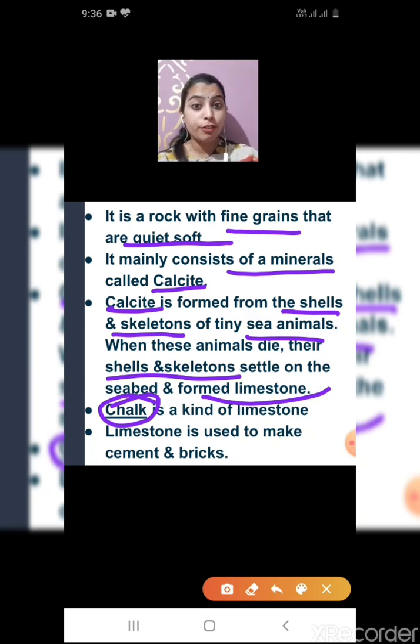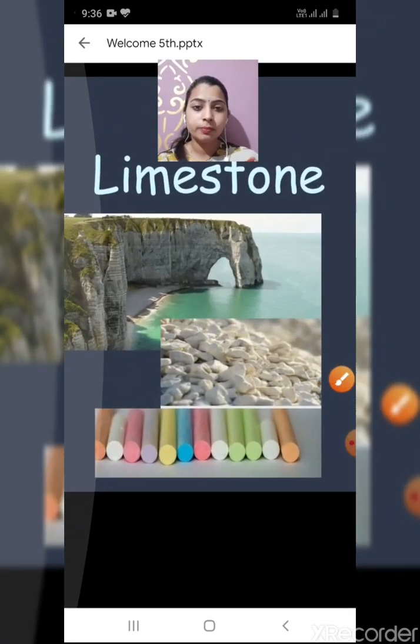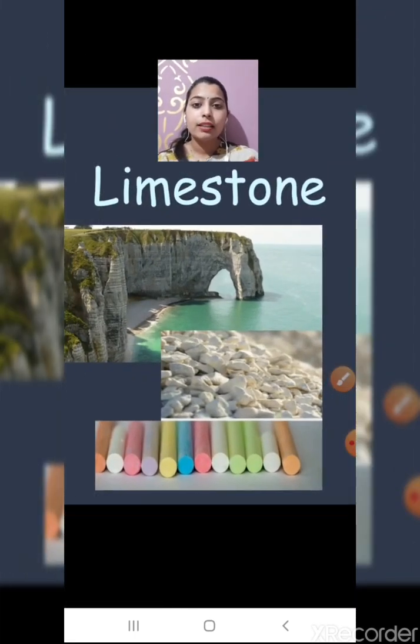See, one more rock we find in our daily life. We make chalk from that limestone rock. And limestone is used in making cements and bricks. Understood? Now let me show you the picture. This is limestone.